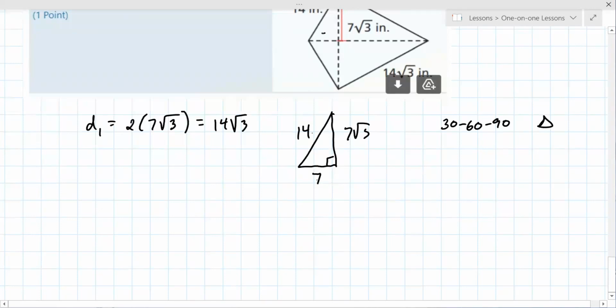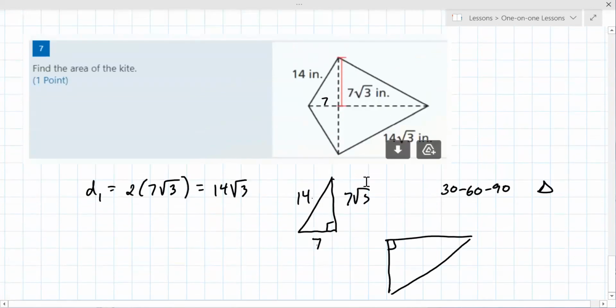So that gives us this 7. We need this other triangle here. Due to some symmetries, this 7 square root 3 is also this down here as well. So this is 7 square root 3. This is 14 square root 3. So this time, this is a little bit more difficult.